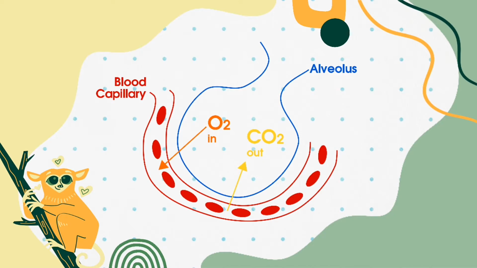As for the waste product of metabolism, carbon dioxide also diffuses out of the blood capillary into the alveoli, and is released through the nostril during the process of breathing out. So the movement of oxygen into the blood capillary and the movement of carbon dioxide out of the blood capillary into the alveoli is accomplished by the process of diffusion.